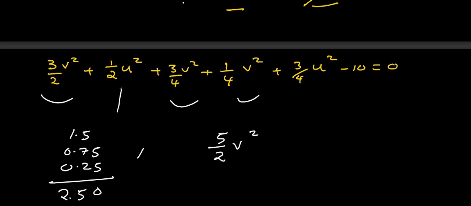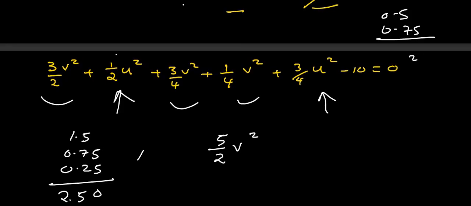Then for u, this part and that part, that's 0.5 and 0.75, that's 1.25.